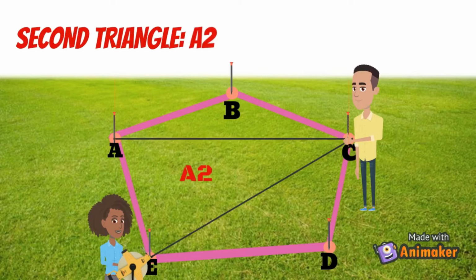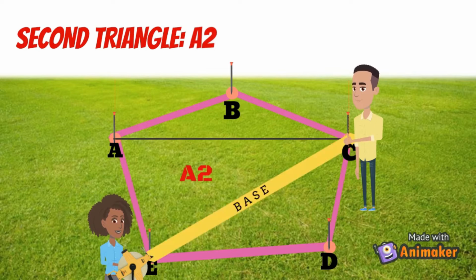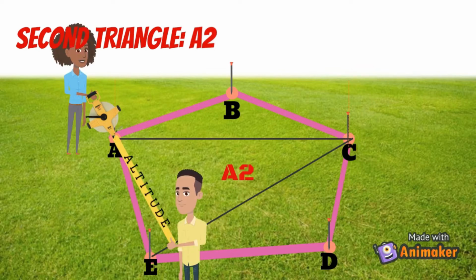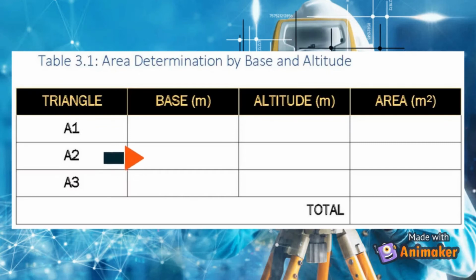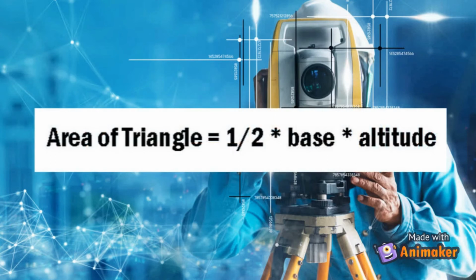For the second triangle, again, we will be measuring the length of the base and the altitude, which is perpendicular to the base and coincides with the corner A. Then record the length of the base and altitude of A2. To get the area of the triangle, again, use the formula 1/2 times base times altitude.